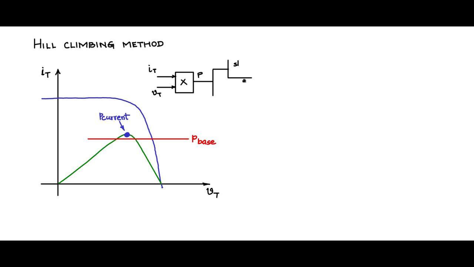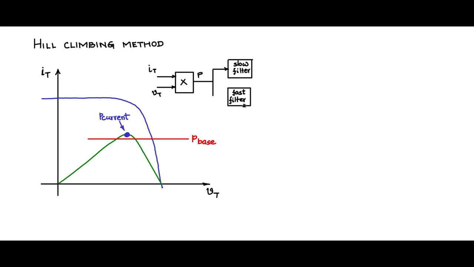One block is called a slow filter, which means this filter has a very large time constant. Let's say a very large RC time constant. I will pass the power through another filter, and I will call it a fast filter.